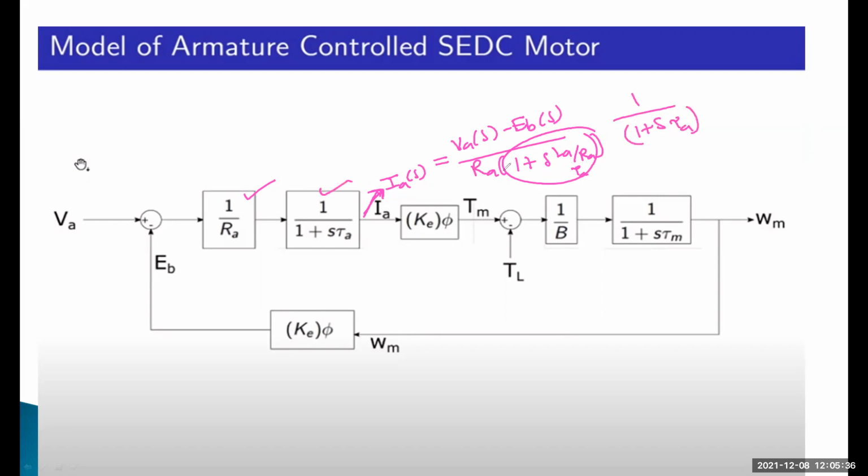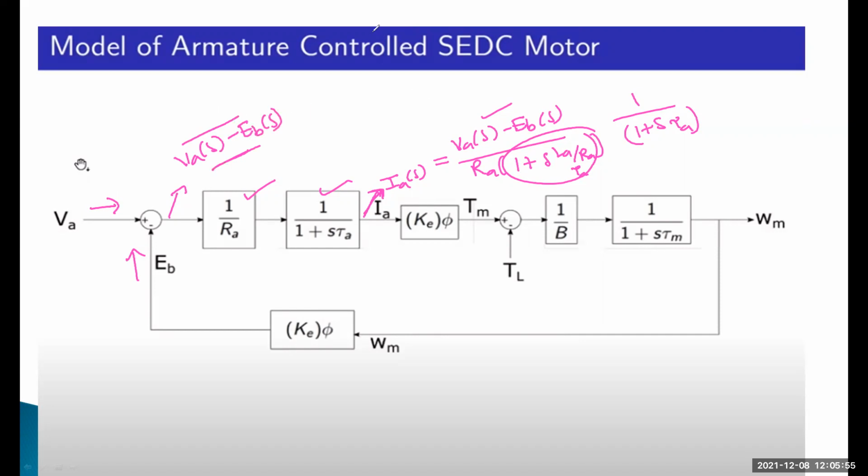These two denominator terms are done, and then what about the numerator terms? You will get them from here: VA of S minus EB of S goes to the numerator.